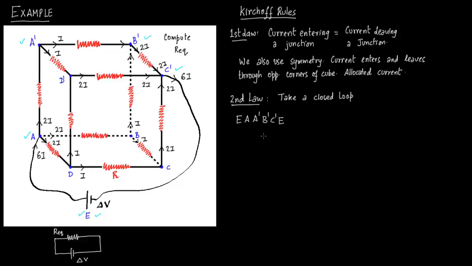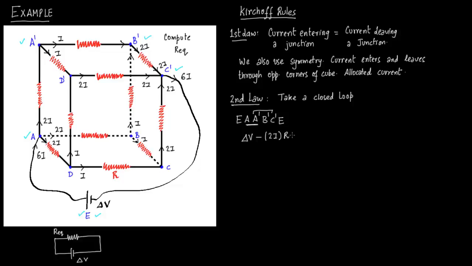You start by fixing in the battery, delta V minus. Now we just have to worry about the current where there is a resistance. The current splits in three directions, but in the loop we only have A prime. So you have minus 2I times R for A prime.